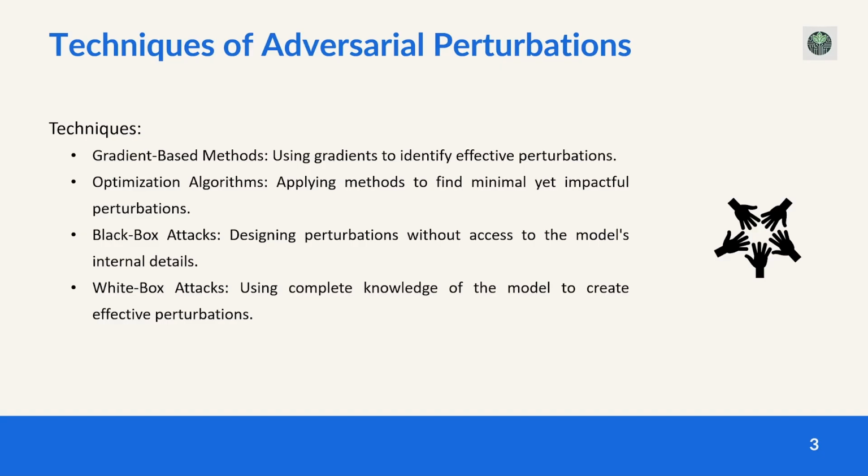Some attackers rely on black box attacks, which involve testing the model without any access to its internal parameters. Conversely, white box attacks take advantage of full knowledge of the model's architecture to design highly effective perturbations. These methods highlight the diverse ways attackers can exploit AI systems, whether or not they have access to the model's internals.